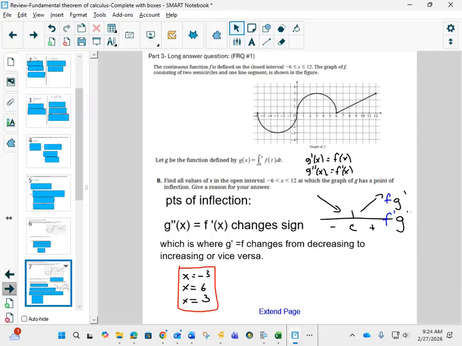Technically, g double prime can also be a critical point where it doesn't exist, so g double prime won't exist at 6 because it's a cusp. But because the original function is continuous and exists, it has to be an inflection point for that reason as well. So it's kind of a weird one in that situation.